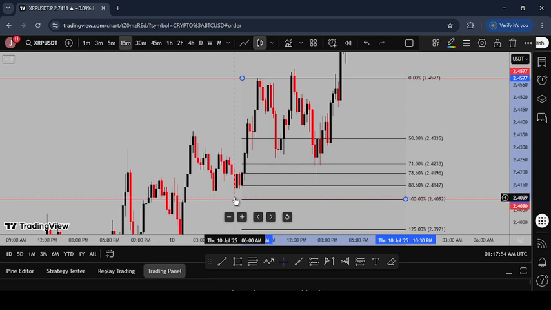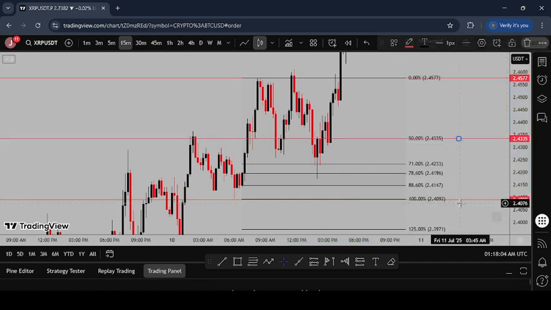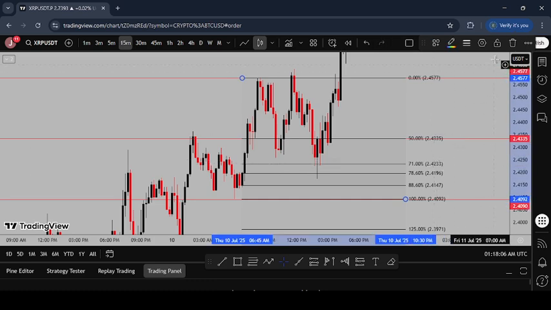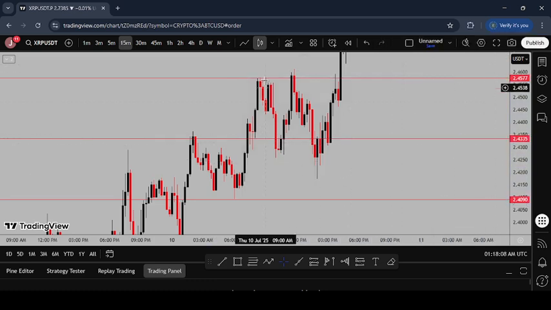It means from this low to this high, half of it is 50%. So anything below 50% is where you'll be looking for your buys. If you put 50% right here and draw your line, anything above this region you don't want to buy for a continuation. You want to wait for the market before you catch a buy.